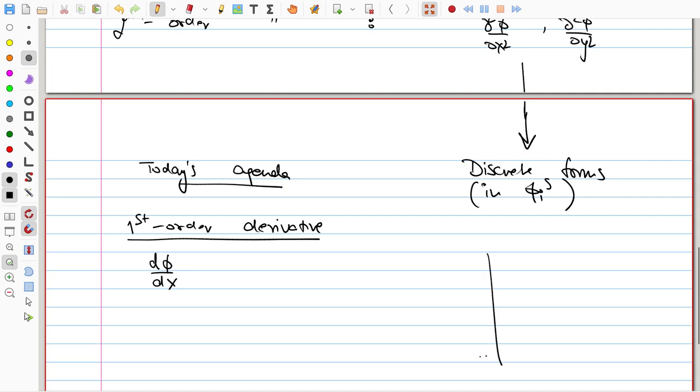So if you have a curve like this, and we have a point here, let us call this point xi comma phi i.